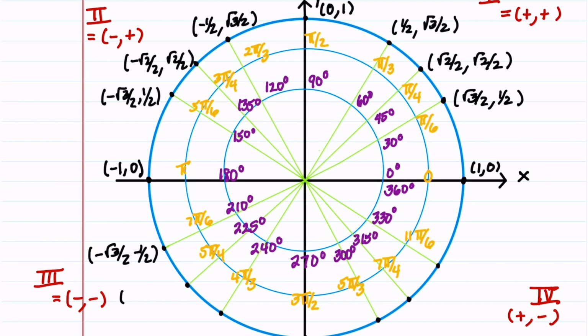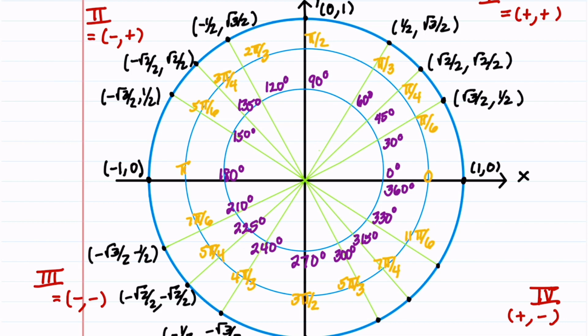The next point is minus root 2 over 2, minus root 2 over 2. And then at 4 pi over 3, we have minus 1/2, minus root 3 over 2. Then we get down to the bottom, 0, -1, and then we're almost done.